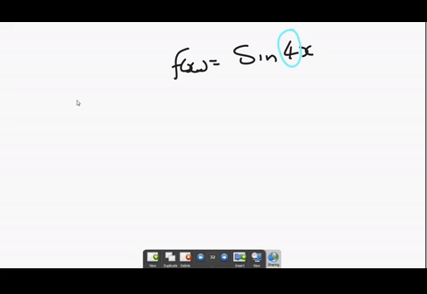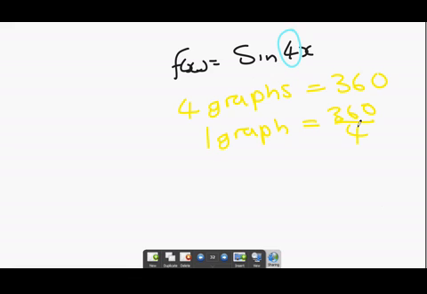So in this case 4 graphs equal 360. If I want the period, one graph will be 360 divided by 4, and this will give us 90. So that's the easiest way of finding period from the equation. You look at the number that is directly associated with the angle.